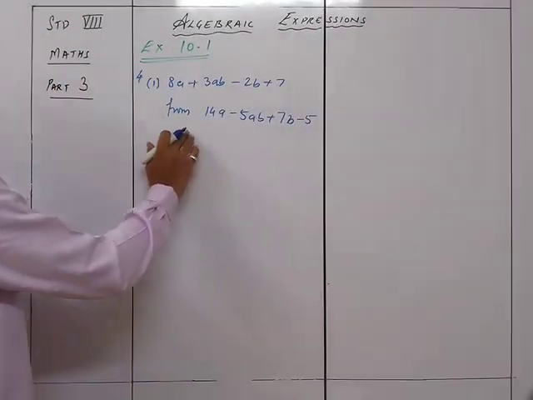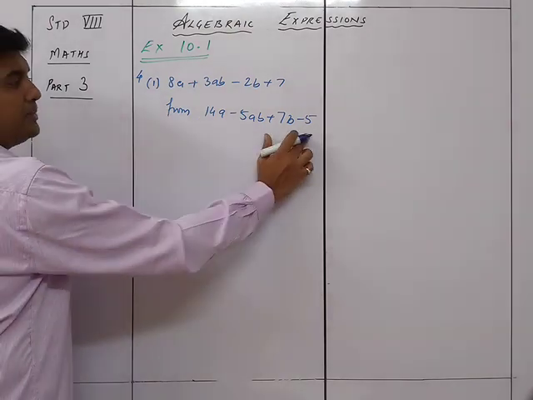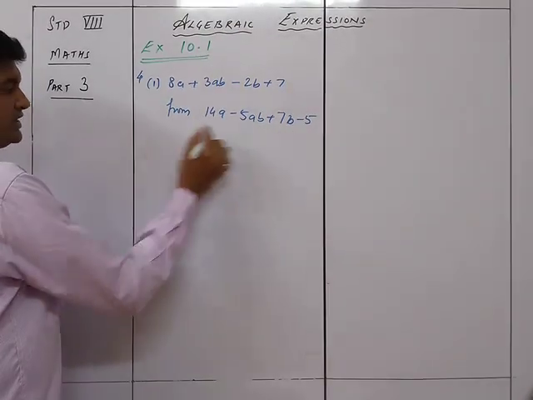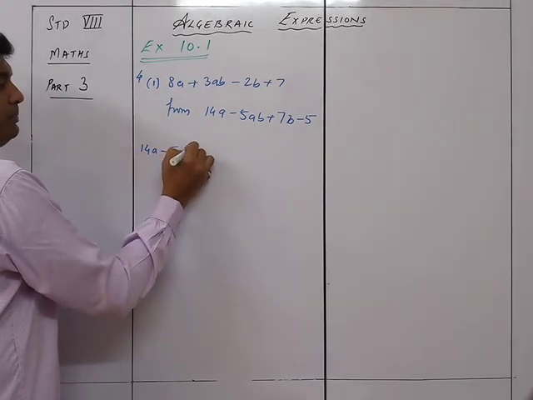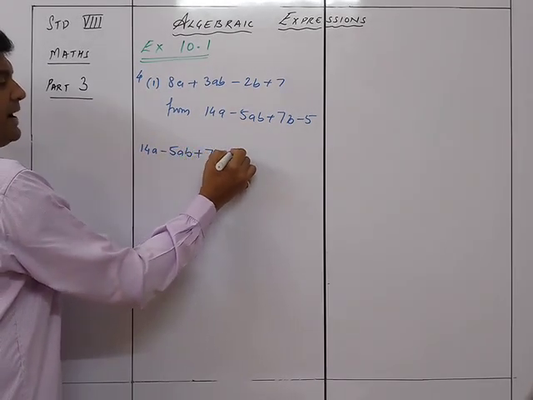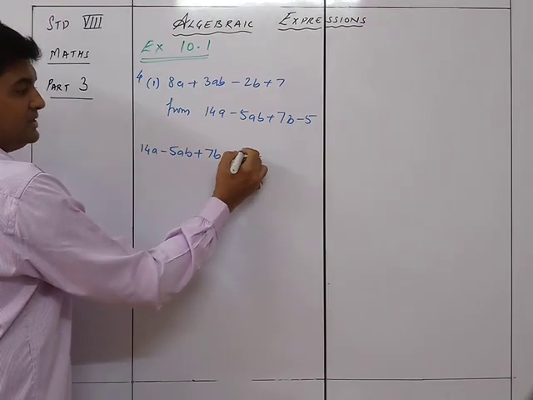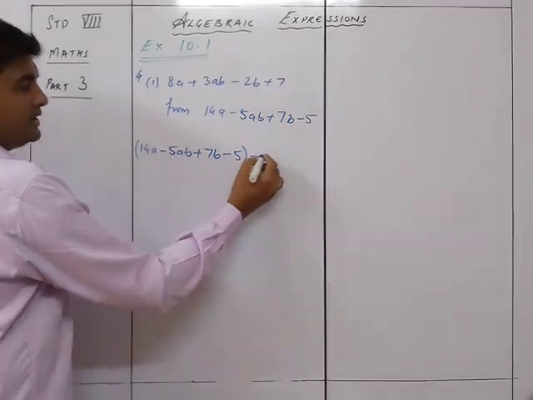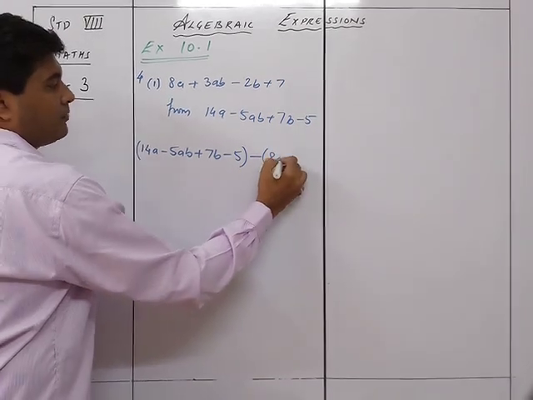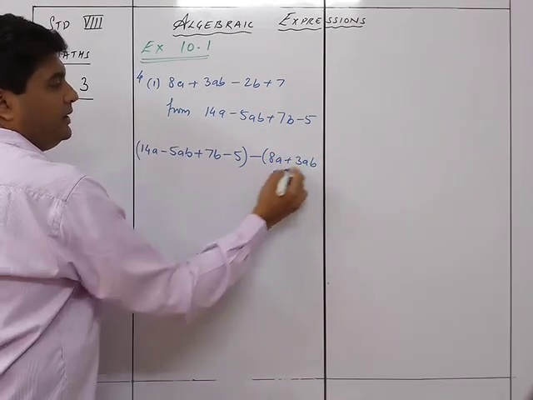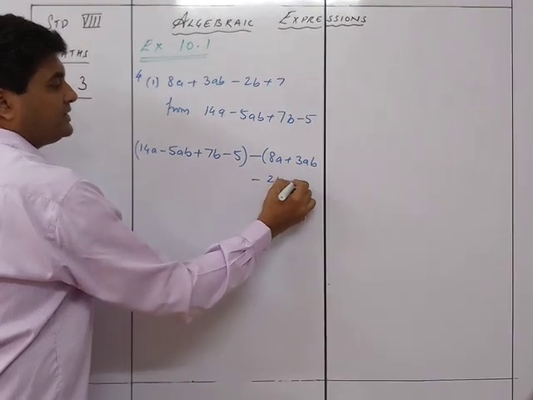So in the horizontal method, we know that "from" means this comes first and this comes next. So first is this one: 14a minus 5ab plus 7b minus 5, minus, and this is one bracket. Another bracket over here will be 8a plus 3ab minus 2b plus 7.